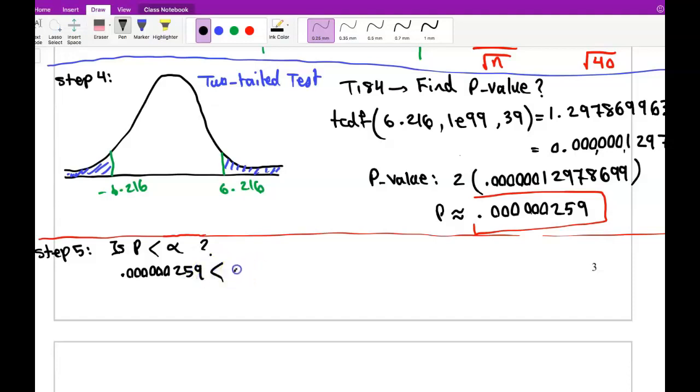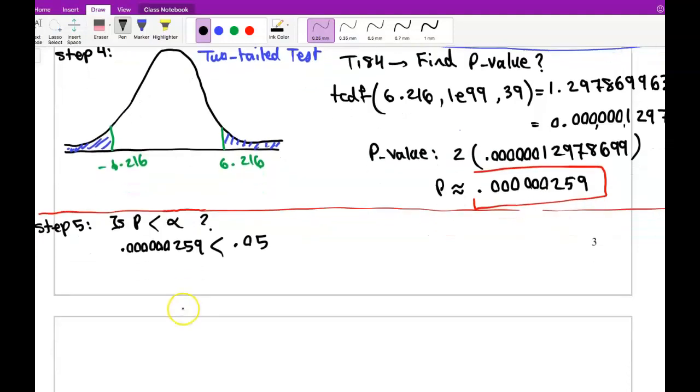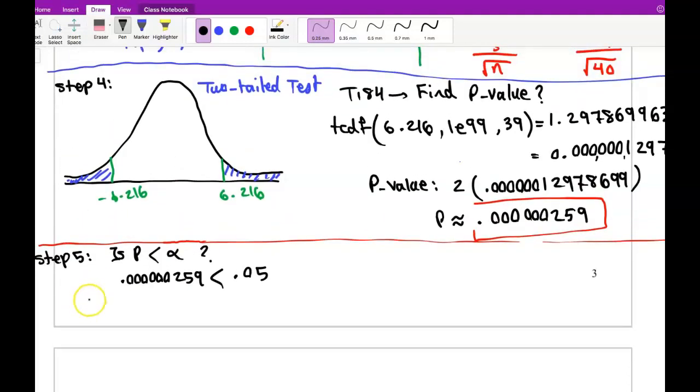So is this one less than alpha? Yes, that's why we should reject the null hypothesis.